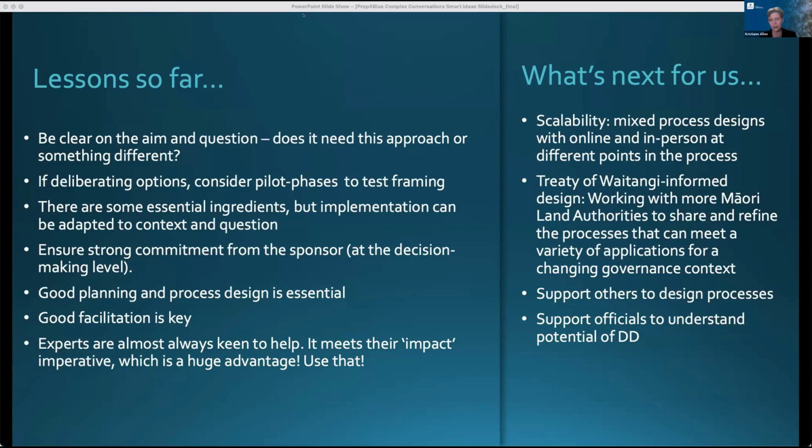The second thing we're really thinking a lot about, as Tatiana said, is what these processes look like in the context of Aotearoa New Zealand's evolving governance landscape, and understanding where and how we work in partnership with Māori land authorities, called Mana Whenua land authority holders. So they play a very important role in partnership with the New Zealand government, and this is something that we're looking at.